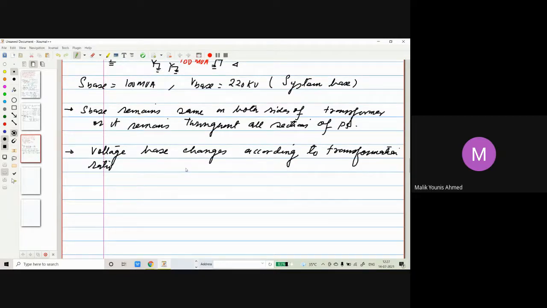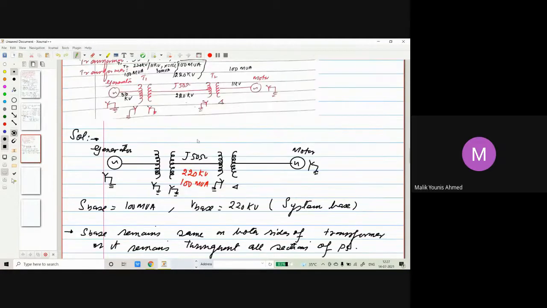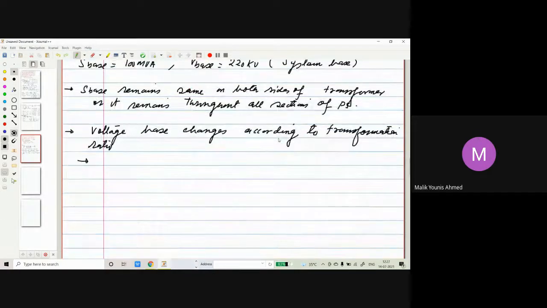Now, the first job is to find the voltage bases. We know the voltage base on the transmission line. We have to find it on the generator side. So we will write V base on the generator side.